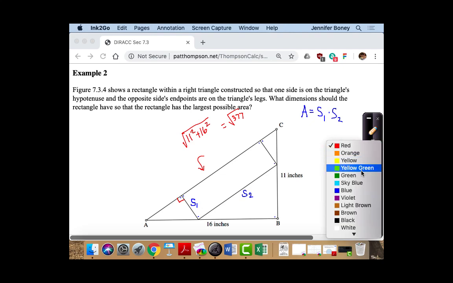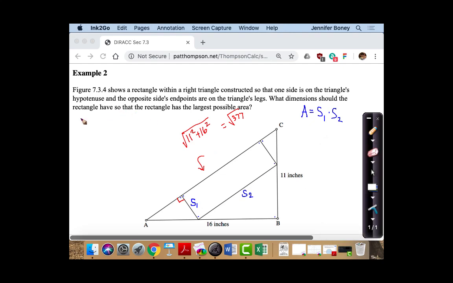So in terms of looking at side 1, how I can express it in terms of other things in this diagram, well, I know side 1's related to this 11-inch side because it's across from angle A just like the 11-inch side is. And if I'm ever going to get to this side 2, I'm going to need something else. I'm just going to pick a second side of this little triangle here. I'm going to use the hypotenuse. I'll call it x, because x is short to right.